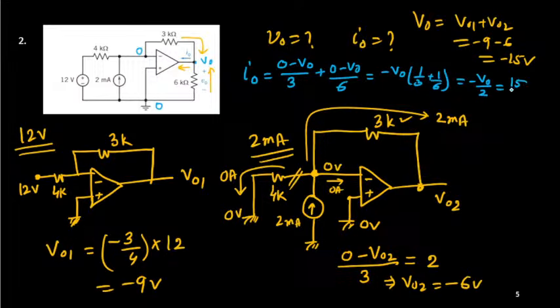Now it is 15 by 2, that means 7.5 milliampere. It should be in milliampere. It's positive, remember, the minus minus getting cancelled, now it is becoming positive. It's good. So it's 7.5 milliampere.